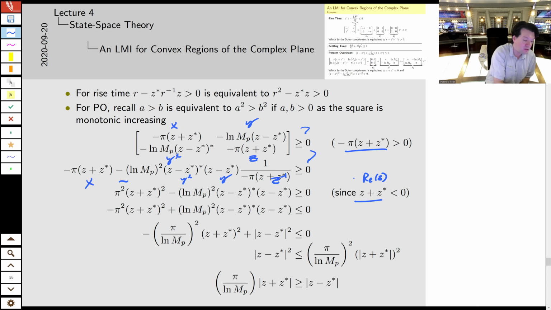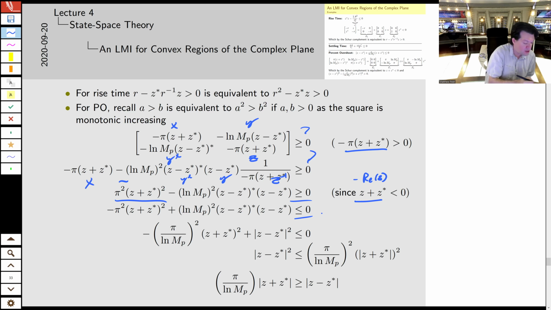So the negative of the real part is positive, so it doesn't flip the sign. That's what we're concerned about. So we multiply the whole thing by negative pi Z plus Z star, and then we get Z plus Z star squared here, and it pops out of the denominator here. Now we multiply the whole thing by negative 1. The sign switches, the inequality switches.